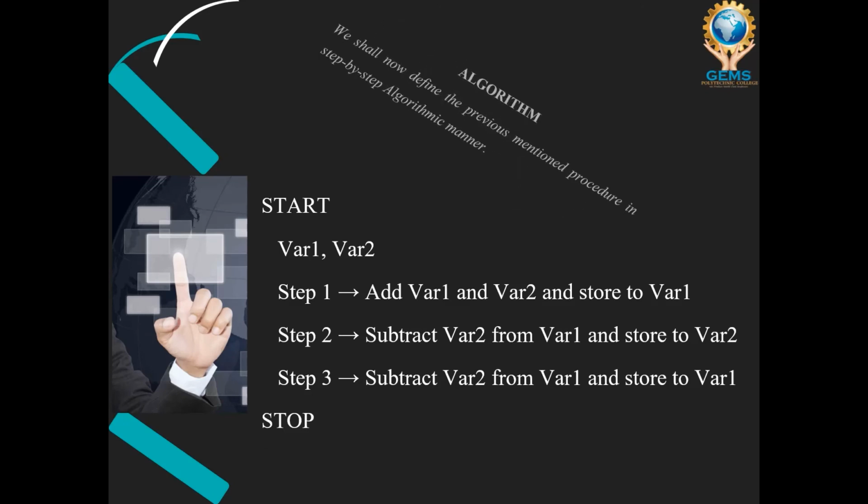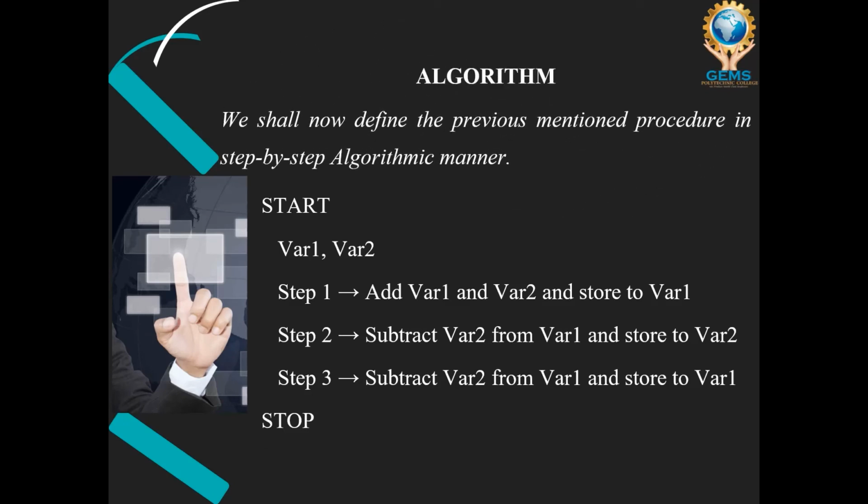Now this is the algorithm of the points which I discussed. So we start the program. We have 2 variables, variable 1 and variable 2. Now add variable 1 and variable 2 and store to variable 1.